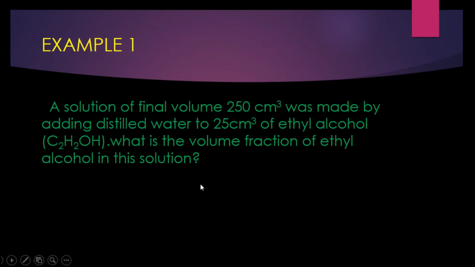Example 1. A solution of final volume 250 cubic centimeters was made by adding distilled water to 25 cubic centimeters of ethyl alcohol. What is the volume fraction of ethyl alcohol in this solution?